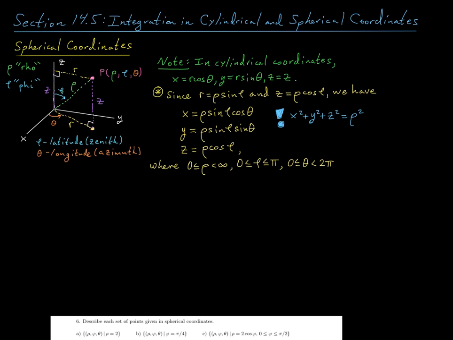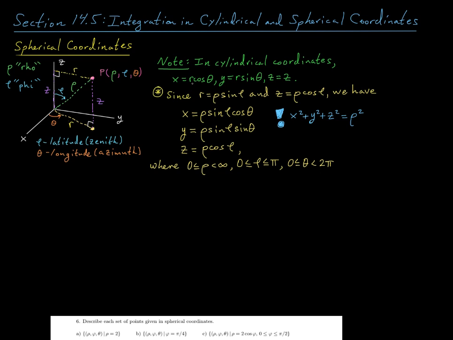So now if I take the sine of the angle phi, I'm going to get the opposite side r divided by the hypotenuse rho. So put another way, r would be rho sine phi. And then if I take the cosine of the angle phi, I'm going to get the adjacent side z divided by the hypotenuse rho. So that will give us that z is rho cos phi.